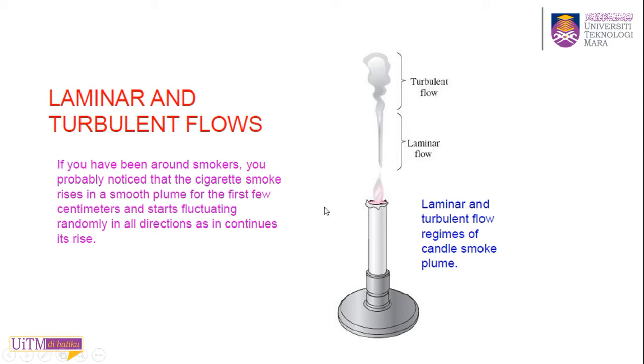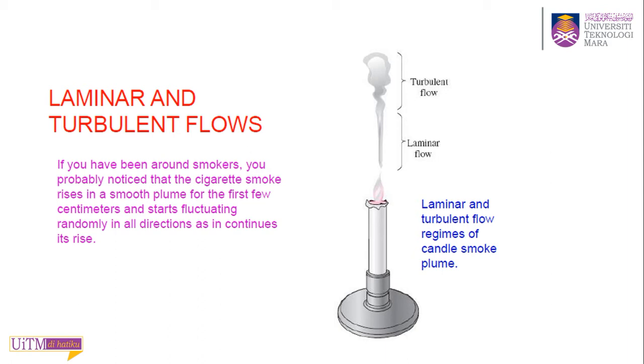If you look at this example, the diagram, this is the candle. If you look at the smoke of that candle, or it says here from the cigarette, if you are a smoker, I hope you are not. It's not good for your health.